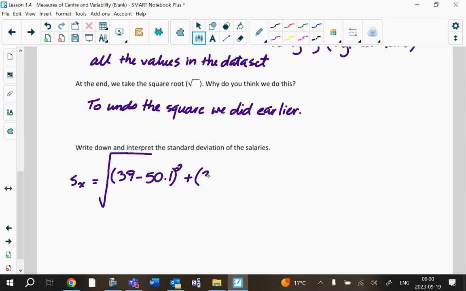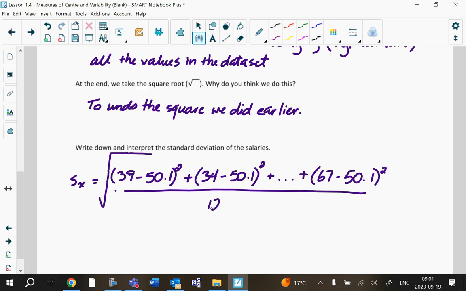Plus the next one minus the mean squared. Plus the next one, plus the next one, plus the next one, all the way to the end one of 67 minus 50.1 squared. And then we're going to have to divide all that by 12 minus 1. And then we're going to have to take the square root of that answer. That's a lot of work. Fortunately, you don't have to do all that. Okay, but I'm just showing you how we would go about doing it manually.